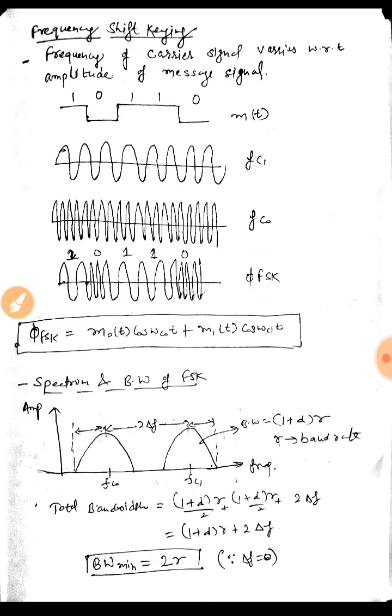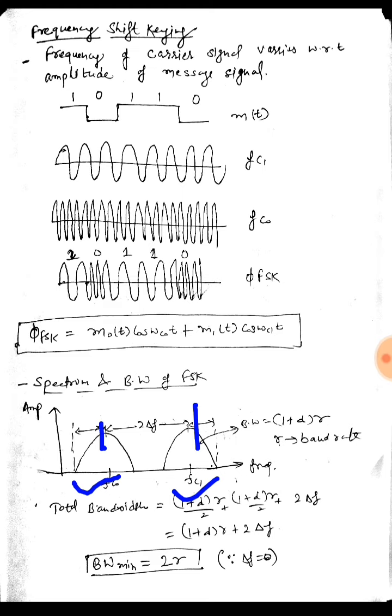So now let's see the spectrum or the bandwidth of FSK. If this is the first frequency fc0, and this is for the bit 1, fc1, and this is the difference between these frequencies, that is 2Δf, or the frequency deviation, the difference between the two frequencies.